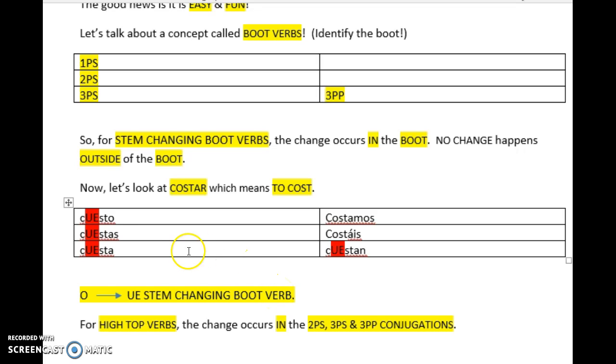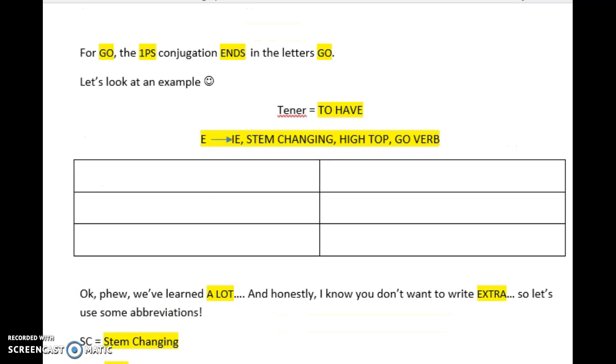The next one that we're going to learn about is called high-top verbs. For high-top verbs, the change is going to occur in the second person singular, third person singular, and third person plural conjugation. And finally, we also have go verbs.